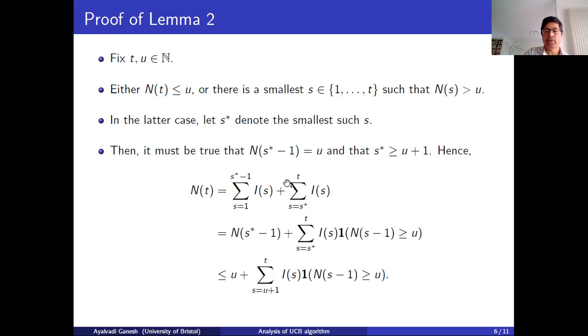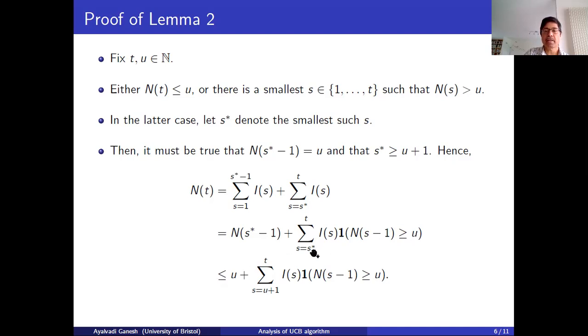Okay, and on the remaining terms, I can throw in this extra indicator because already at time s star minus 1, n was u. I've noted that here. And because n is non-decreasing, for all future times it's also going to be bigger or equal to u. So this indicator here will always be 1 from time s star onwards. So I can always throw it in.